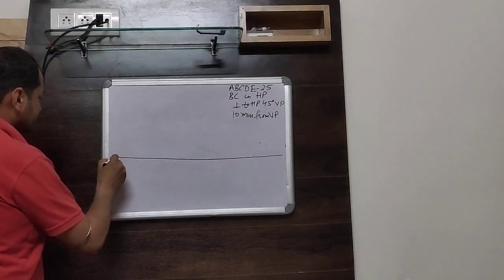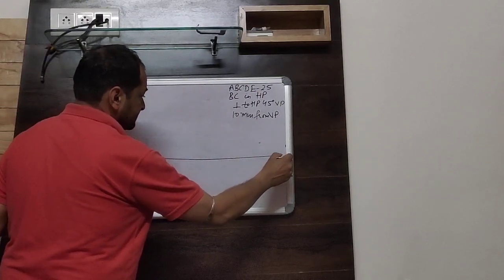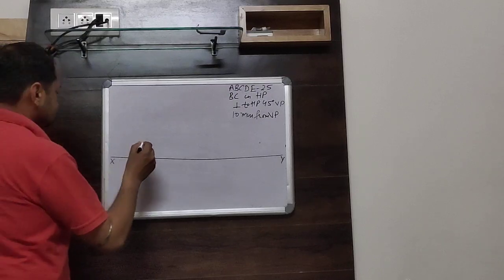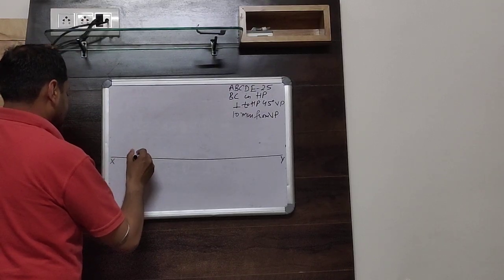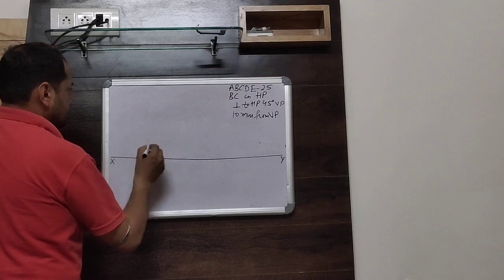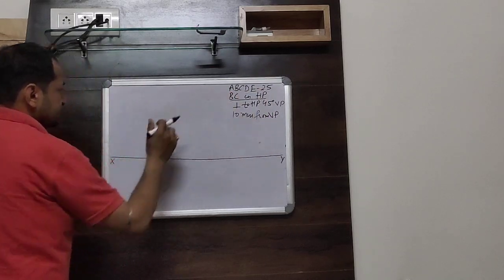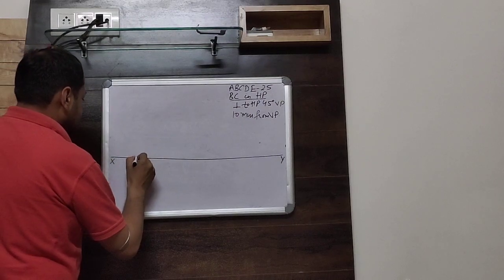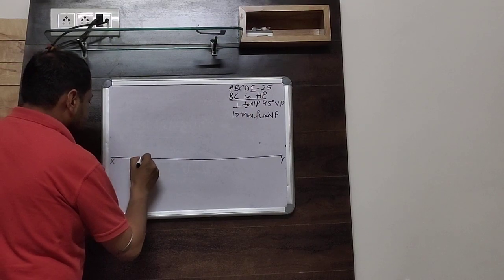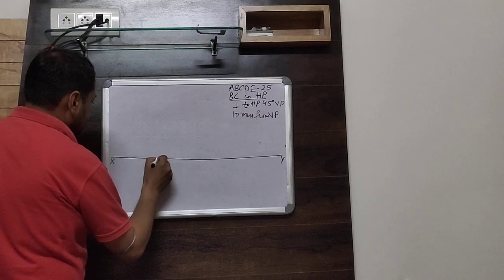First of all, draw a reference line XY. Then it is given that side BC is in HP. Here you may start with the 25 mm side.